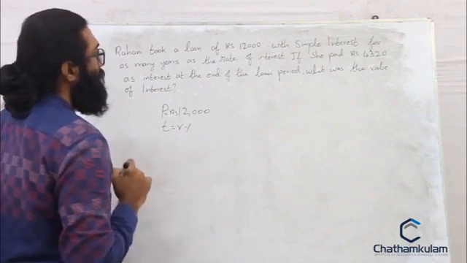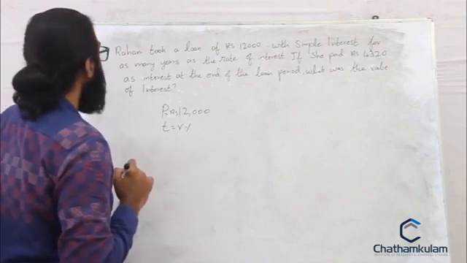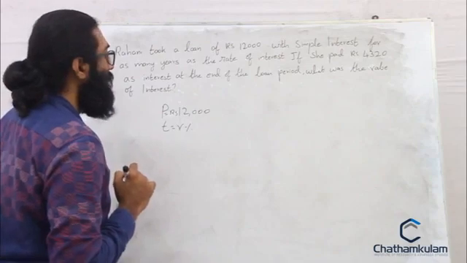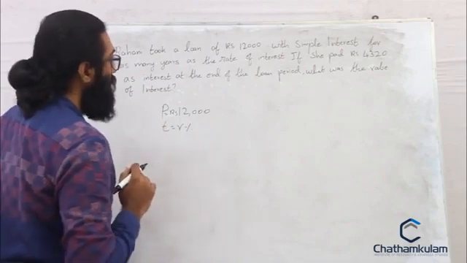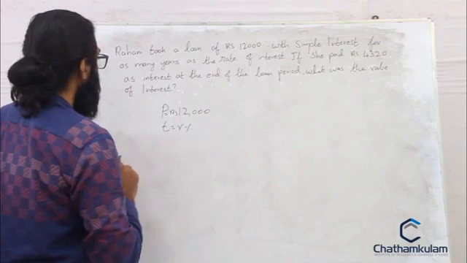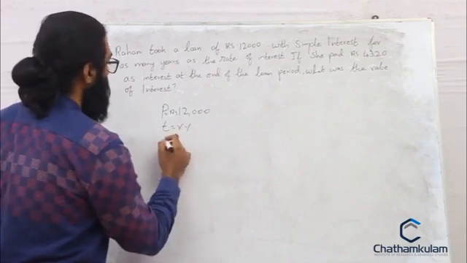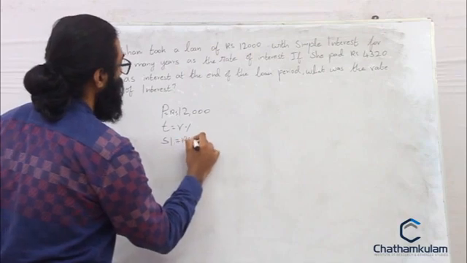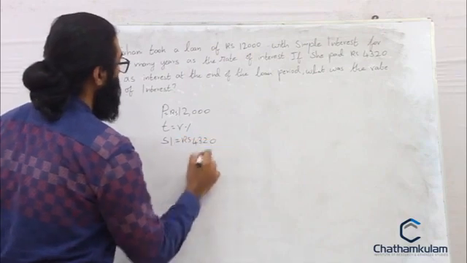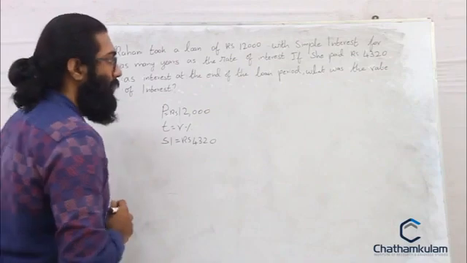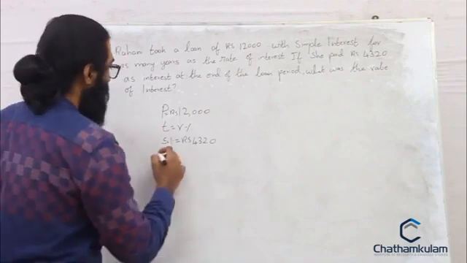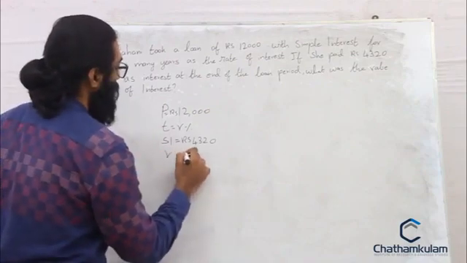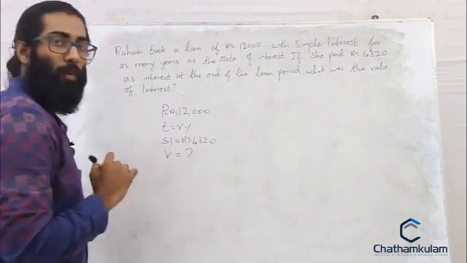If she paid rupees 4,320 as interest at the end of the loan period, that is, SI is equal to rupees 4,320. What do we have to calculate from this question? We have to calculate the R. R equals question mark.